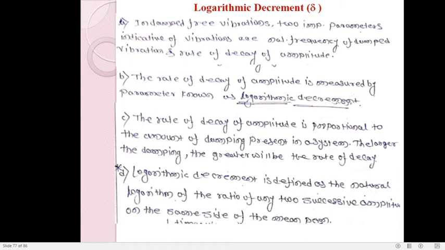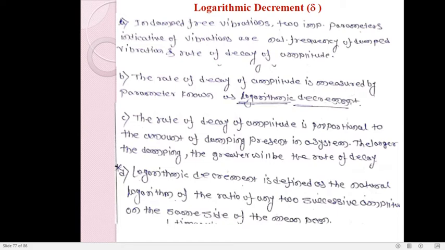If zeta is 0.9, the system will perform fewer cycles. If zeta is 0.1, then as compared to 0.9, the number of cycles will be more.